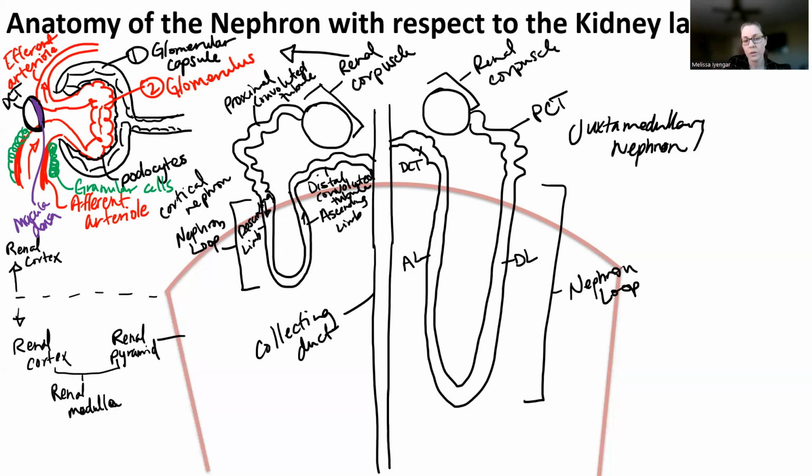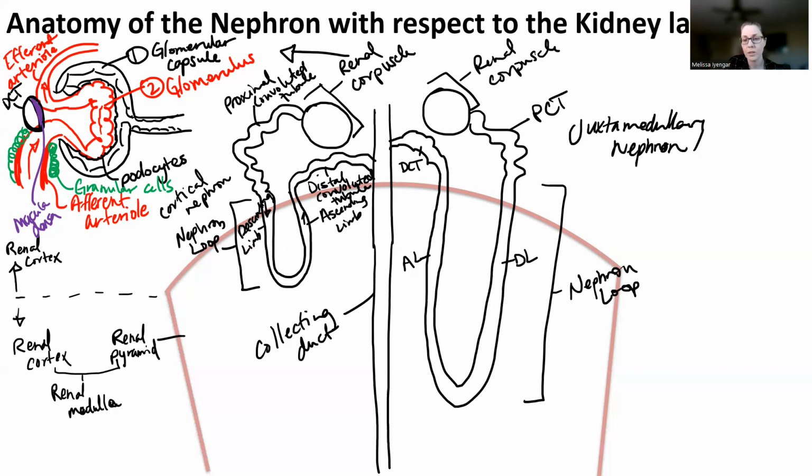So you should see how some things are the same and some things are different, okay? I'm going to probably come back to this picture when I draw some of my blood vessels so you can see some of the other differences. Some of the other differences have to do with the blood vessels that are going to surround the cortical versus the juxtamedullary nephron.